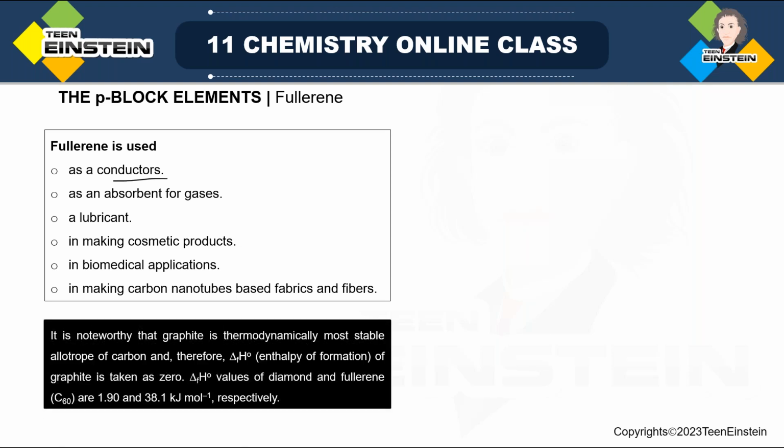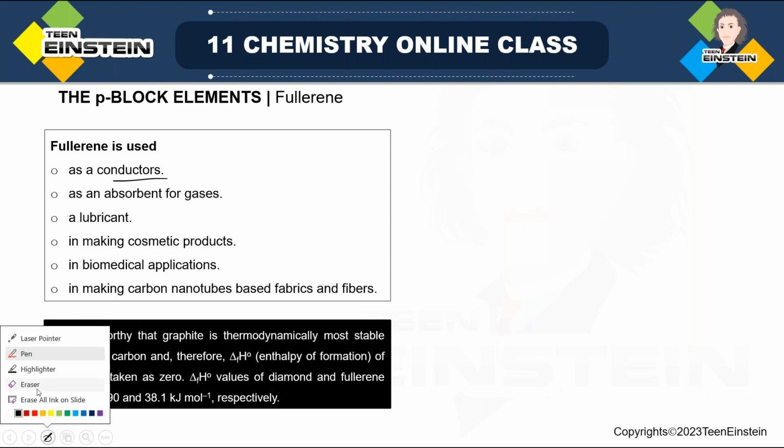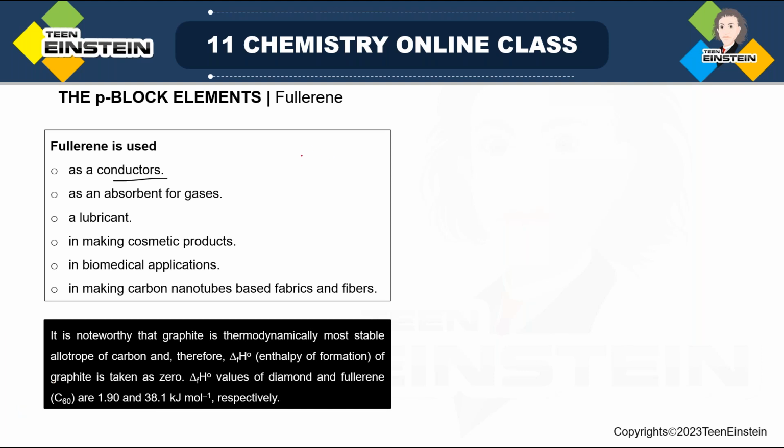Now one important point that we have to remember: until now we have seen diamond, graphite and fullerene, these three. All these three are crystalline allotropes. We know there are crystalline allotropes, and there are also amorphous allotropes. Among these three, which one should be considered the thermodynamically most stable allotrope?